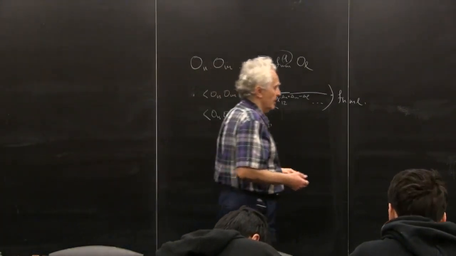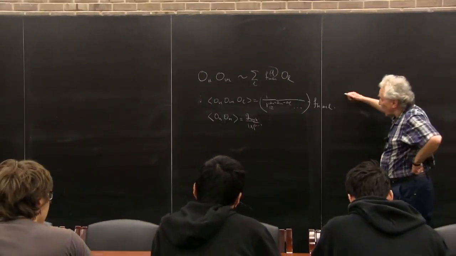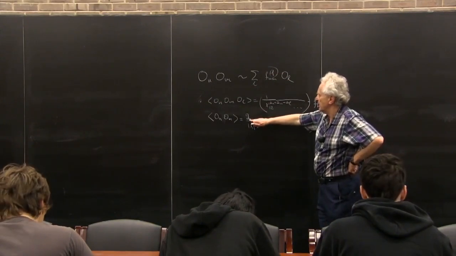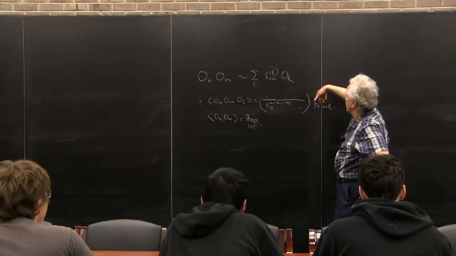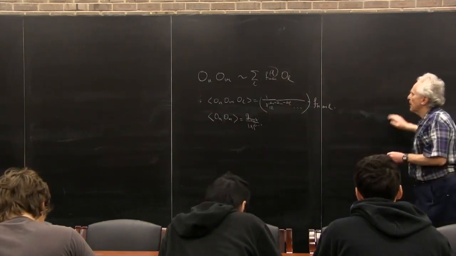It is usually called the Zamolodchikov metric. And with this metric you can change the position of indices, but for us it will be enough to assume that it's flat.